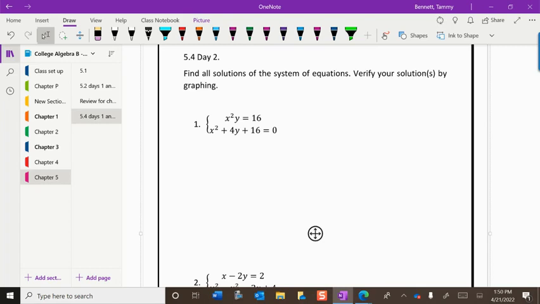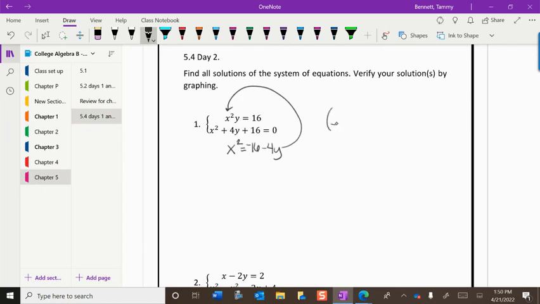So I have x squared y equals 16 and x squared plus 4y plus 16 equals 0. So a couple options here. I could take the top equation, solve for y. I could take the bottom equation, solve it for x squared, and substitute that. Actually, that might be the easiest. So let's do x squared would equal negative 16 minus 4y, and substitute that in for that x squared.